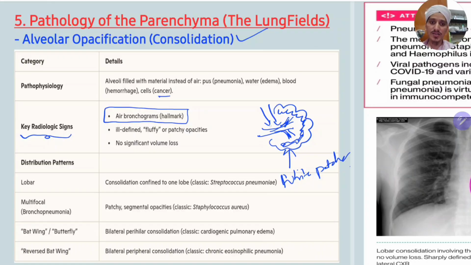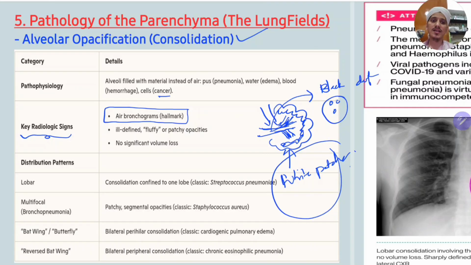The bronchioles and bronchi filled with air can be seen as black dot-like things in between these white patches. These are known as air bronchograms, and if present, they are a hallmark of consolidation.